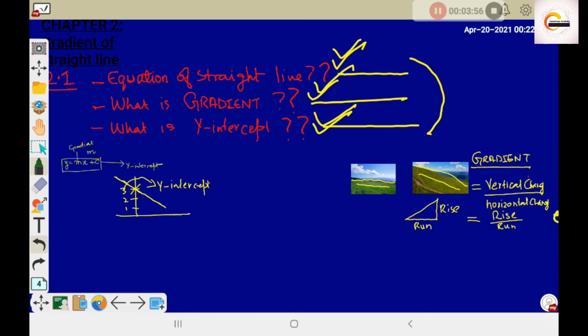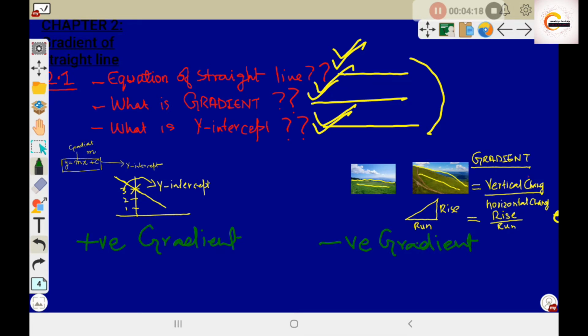Now one more thing is left. That is, what is positive gradient and what is negative gradient.